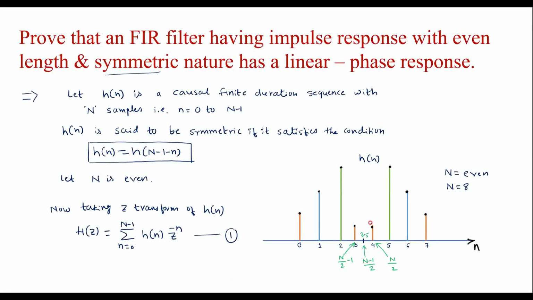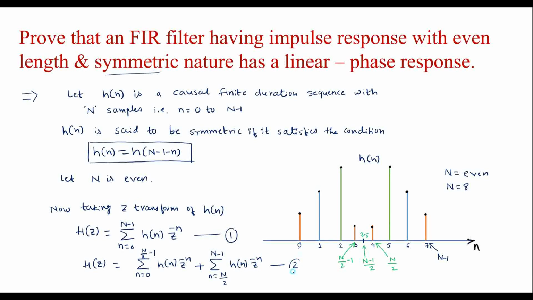Now, referring to this diagram, I will rewrite equation 1 and split the summation as H of z is equal to summation n equal to 0 to N by 2 minus 1, that is 0 to 3, of h of n z power minus n, plus summation n equal to N by 2 to N minus 1, that is 4 to 7, of h of n z power minus n.